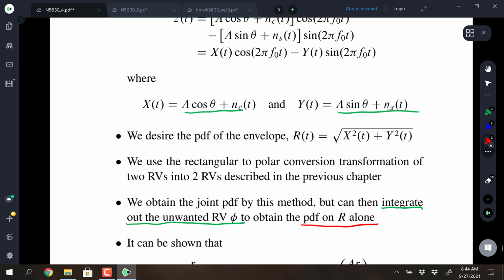And now if we add in the specular component, we get that constant, so we're effectively biasing over the Rayleigh component with the A cosine, which is related to the strength of the envelope, and then it becomes Rician.